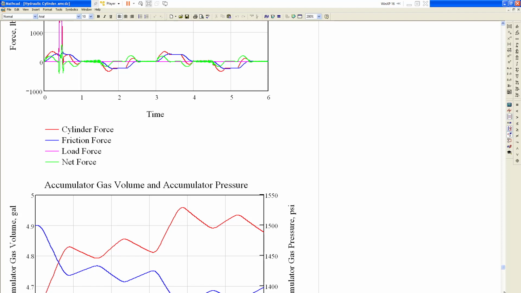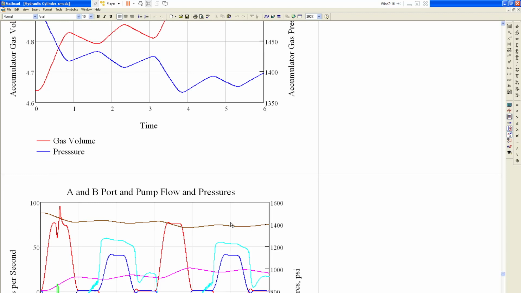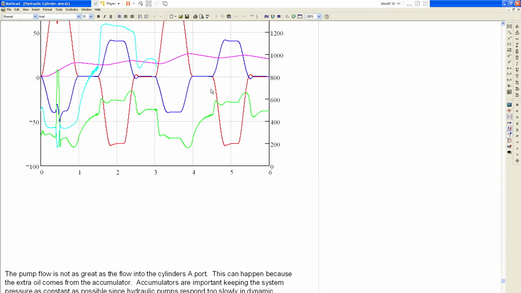So as the system is running, the accumulator tends to run dry or empty. So it has more and more gas in the volume, and less oil. But then the pump starts coming online, this is the pump up here supplying the pressure. And you can see that the pressure only drops so far, which is what I'm interested in.